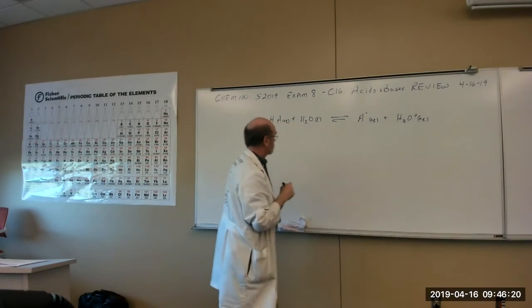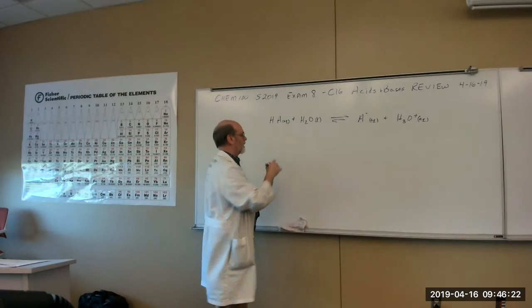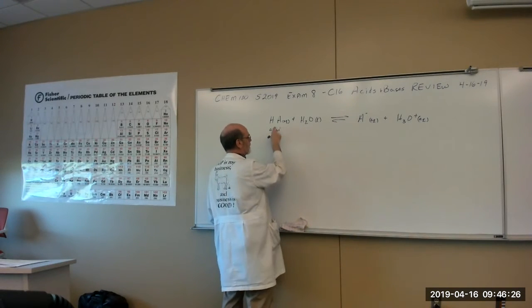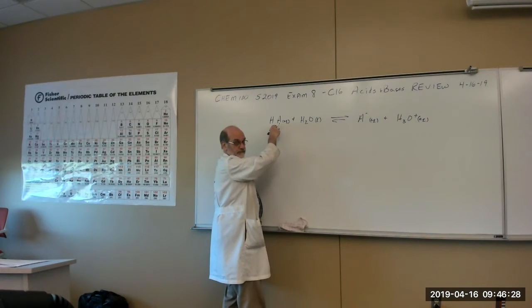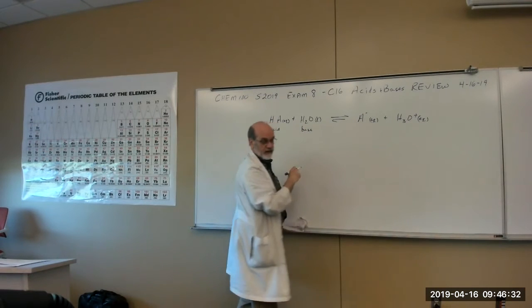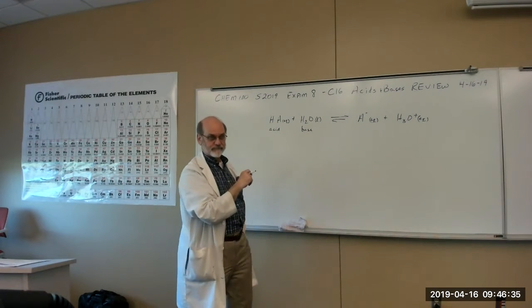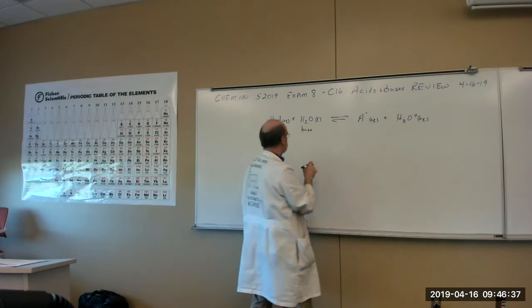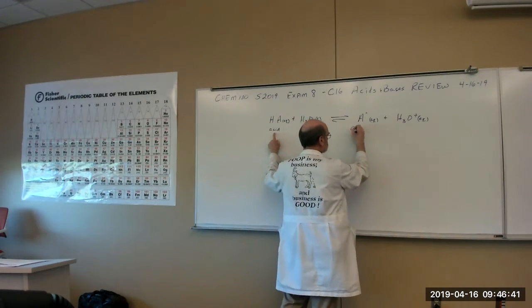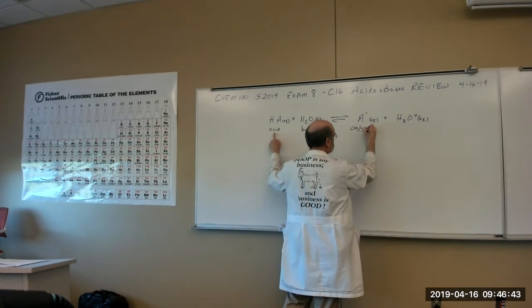Okay? Now, convention. This is the acid, and it's the one that donates a proton. This is the base. It's the one that accepts the proton. That's the definition. This acid produces a conjugate base.